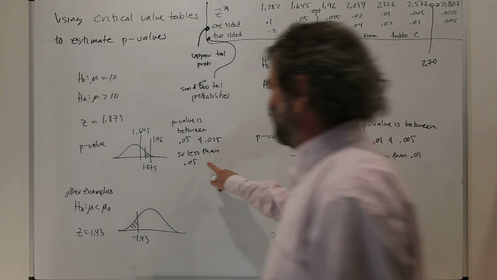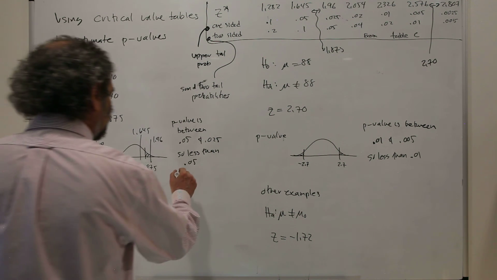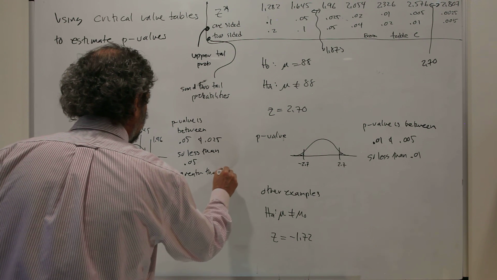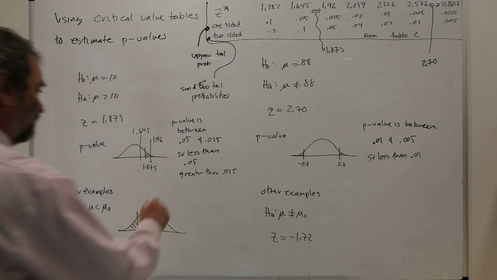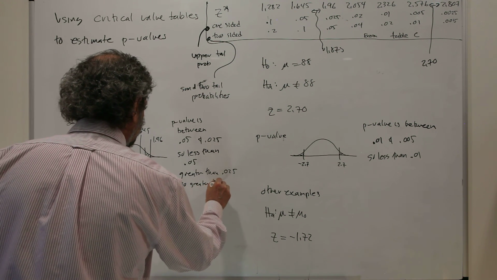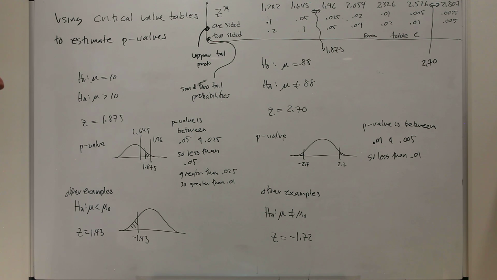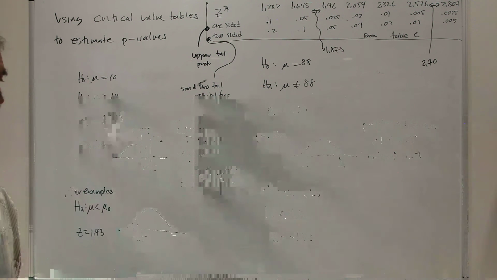Here we just said it's less than 0.05, but it's going to be bigger than 0.025. So greater than 0.01. That result would not be considered significant at the 0.01 level. This one over here is significant at both levels just from that table.